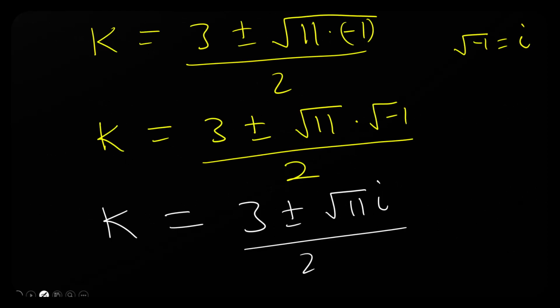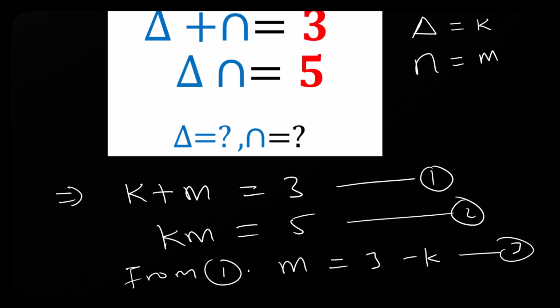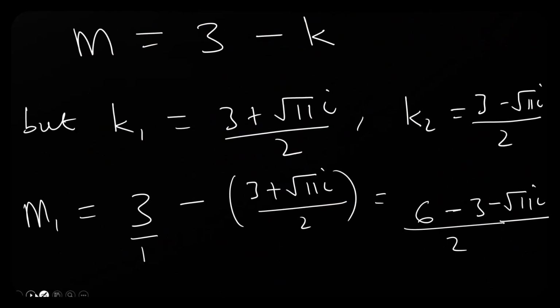So in short, let's record that. K is the same as this operation, triangle. K has two answers.